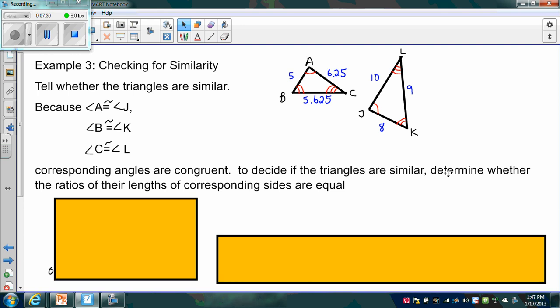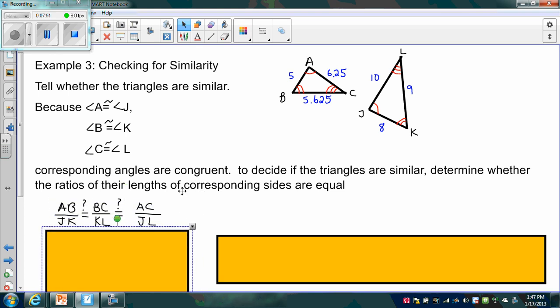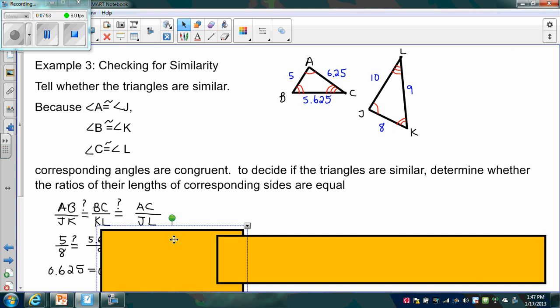To decide if the triangles are similar, determine whether the ratios of the lengths of the corresponding sides are equal. So we need to figure out if AB to JK is the same ratio as BC to KL, and AC to LJ.